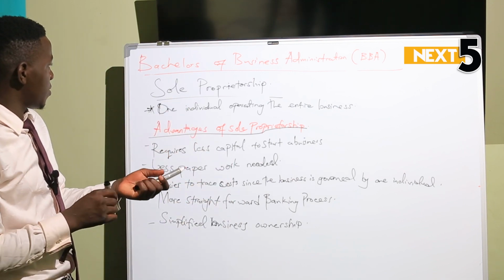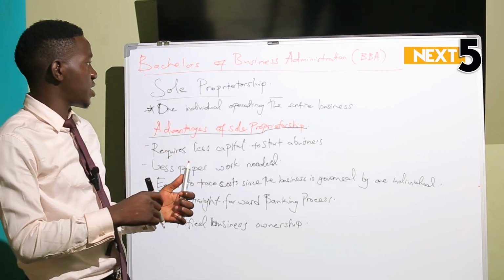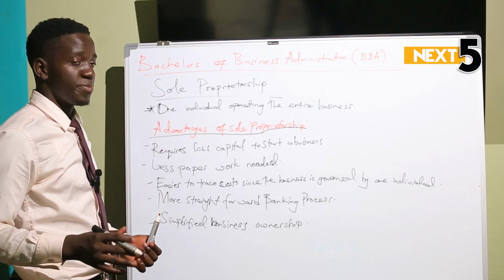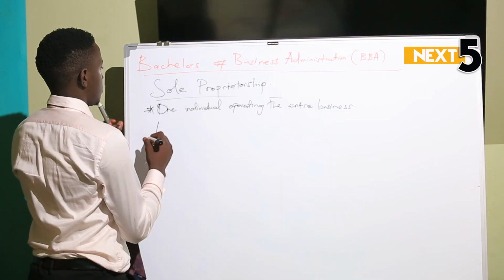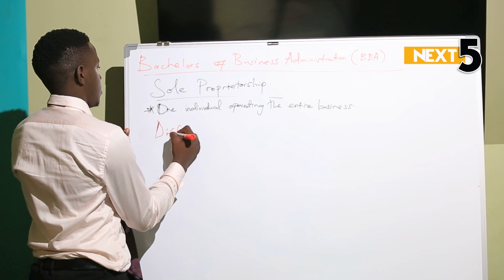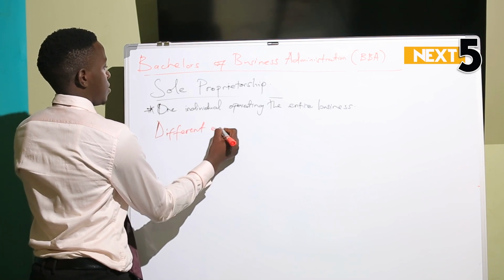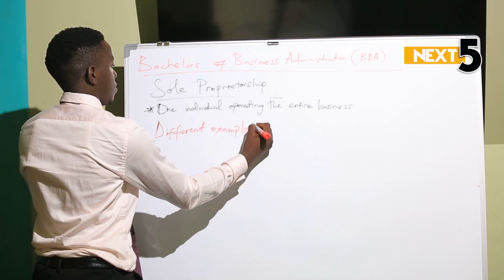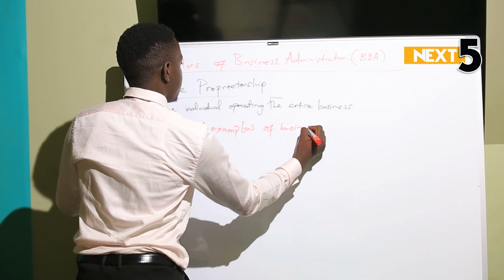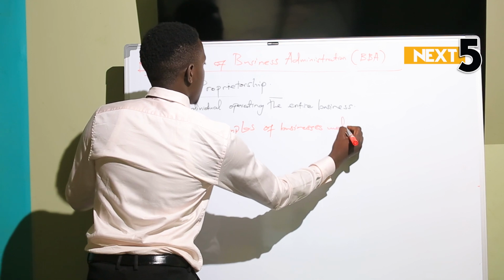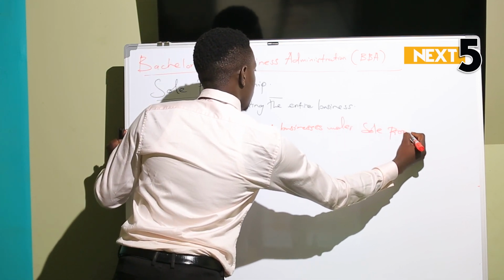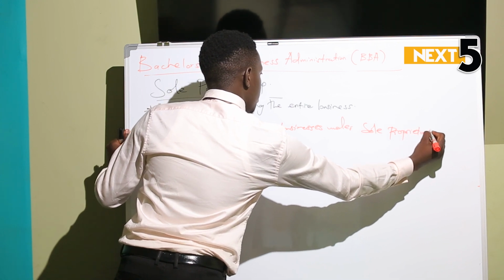So after looking at these advantages, I want us to also generate different examples that come along with a sole proprietorship type of business. So I want us to look at the different examples of businesses under sole proprietorship.